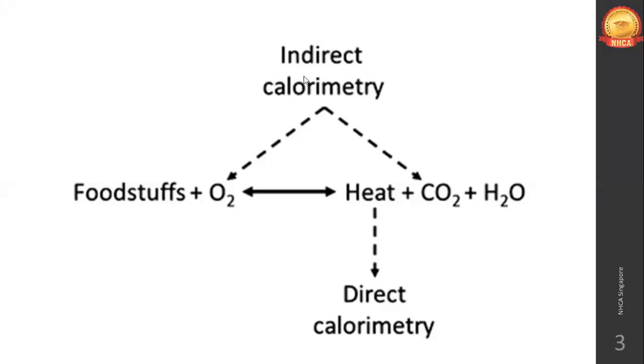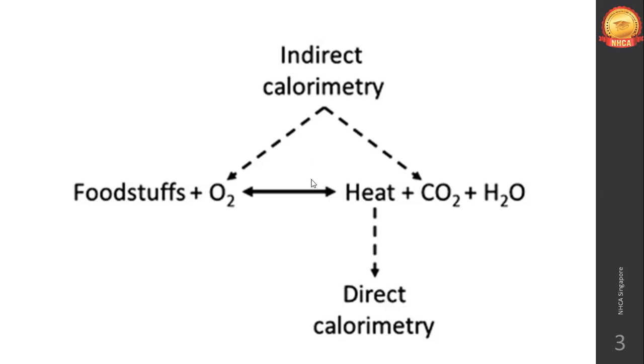So in indirect calorimetry, we are checking the amount of oxygen and carbon dioxide which is released. Also the heat that is released, that is what we check in indirect calorimetry. Okay, we are seeing how internally a person is able to burn this calorie.